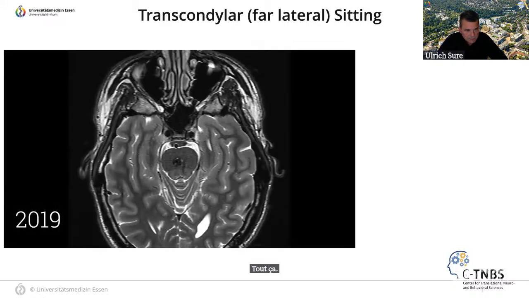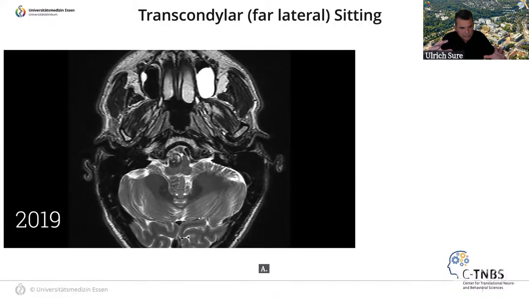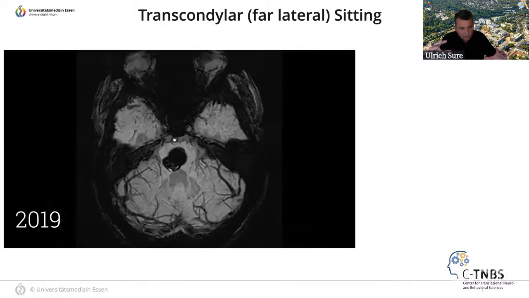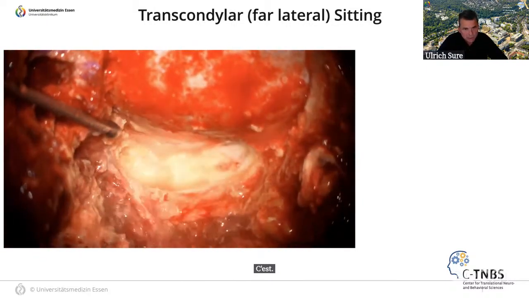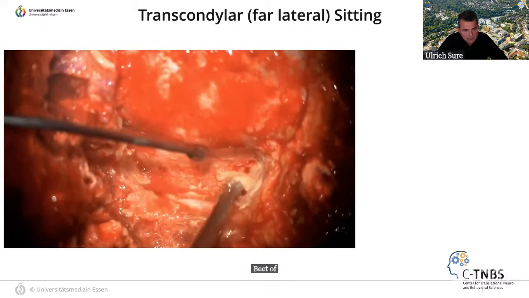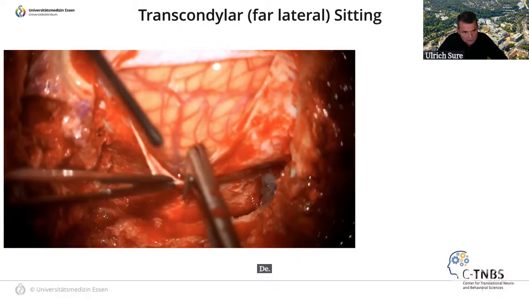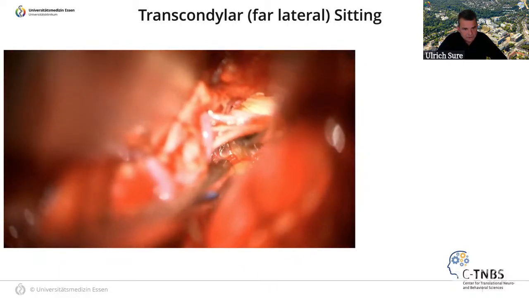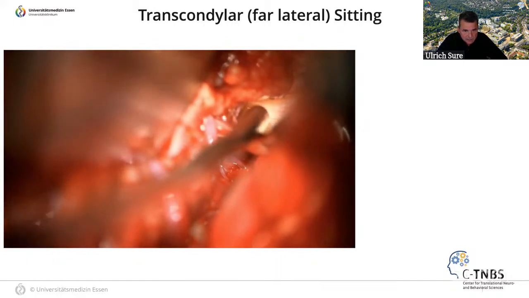And that is what is happening. In 2019, it had several hemorrhages and reaches the surface now lateral below. So same approach, far lateral approach, drilling a bit of the condyle, and then opening the dura, releasing the CSF. And now below the cranial nerves, you can see the lesion on the surface.